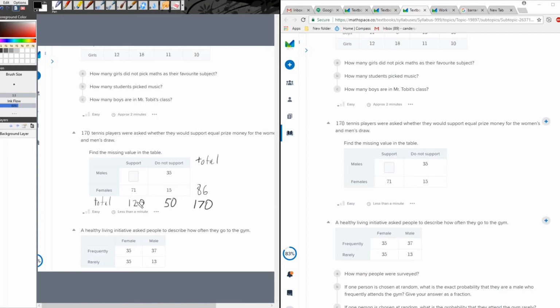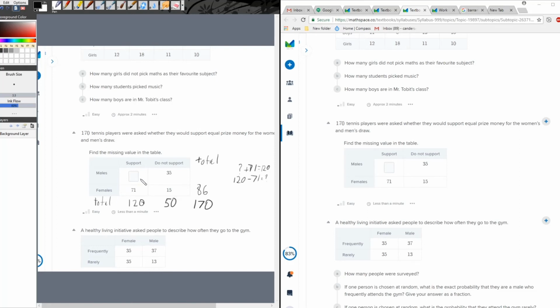So what do we need to make this row true? So we would do something plus 71 equal to 120. Or we can do 120 minus 71 to give us our something.